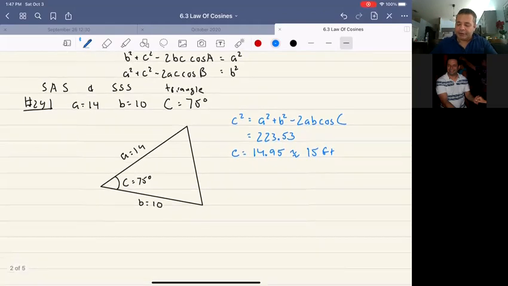Next, we're going to find angle B. We can use just the law of sines now.